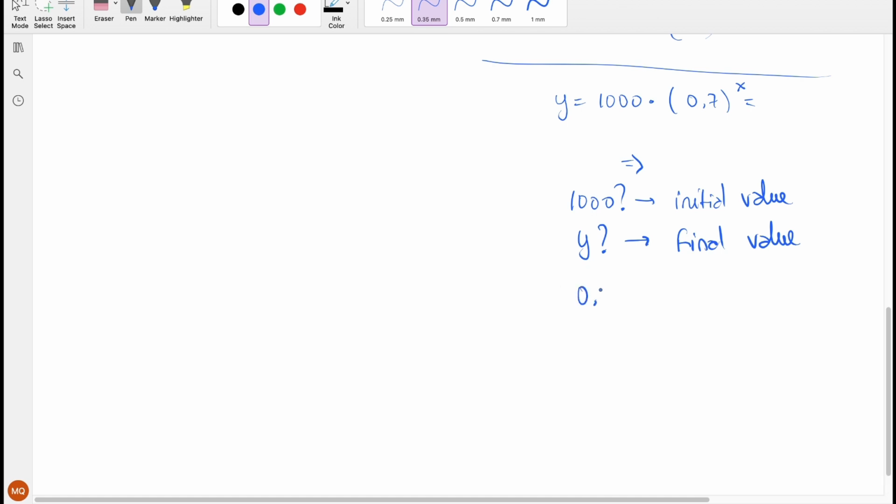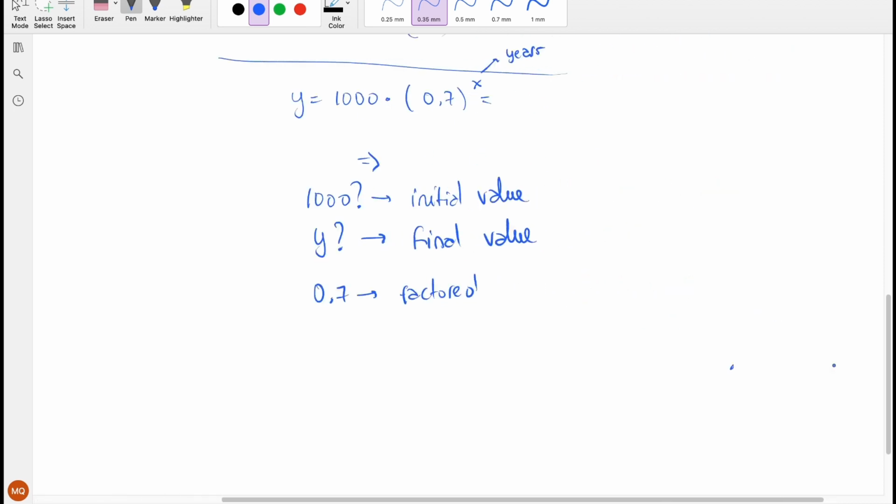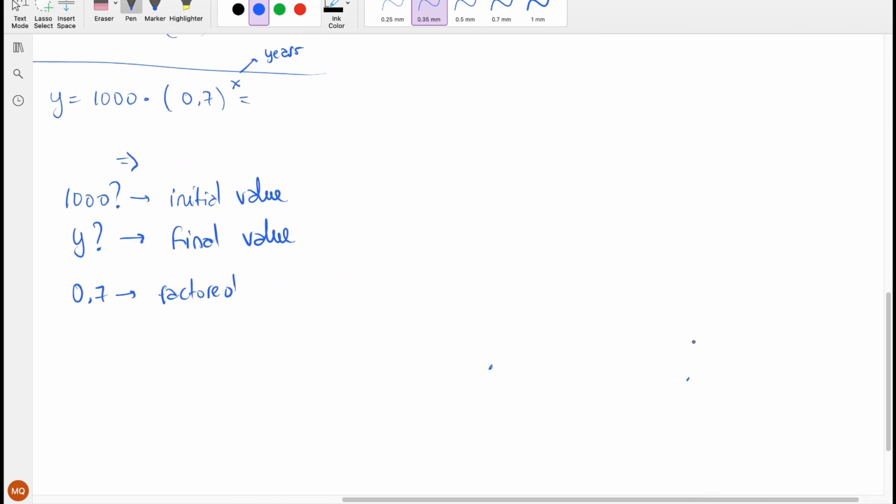When it asks about 0.7, it means that it is factored by, for example, if x is the number of years, it is factored by 0.7 every year. Or the proportion or fraction remaining after 1 year.